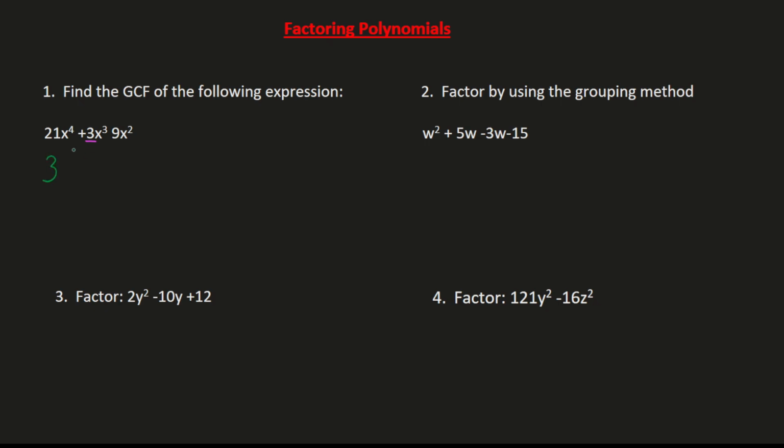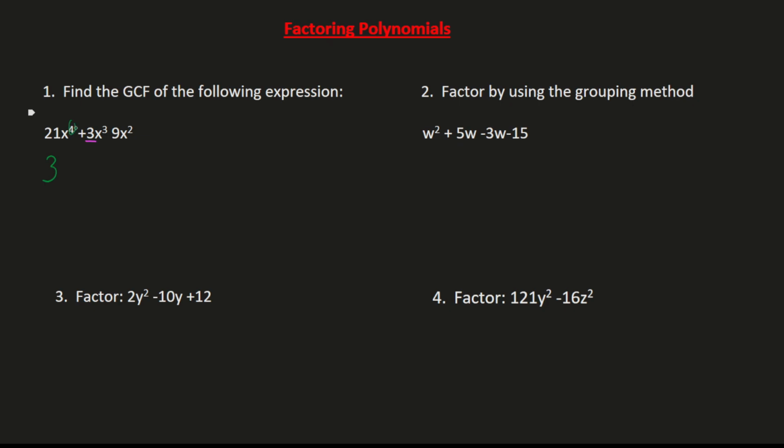Now for the GCF of the variable, which is x to the 4th, x cubed, and x squared. The quickest way to find the GCF when you have the same variable, in this case x, is to look at the exponents.